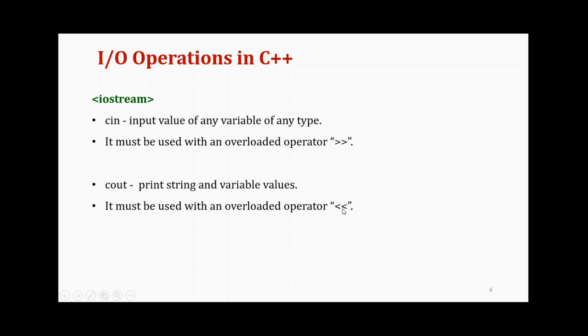The two less than symbols are the overloaded left shift operator used to send the value to the output stream. The overloaded input operator, the right shift operator, is used to read the input from the input stream. So the objects are cin and cout, and these are the operators to read values or send values to the output stream. Let us see an example to understand easily.